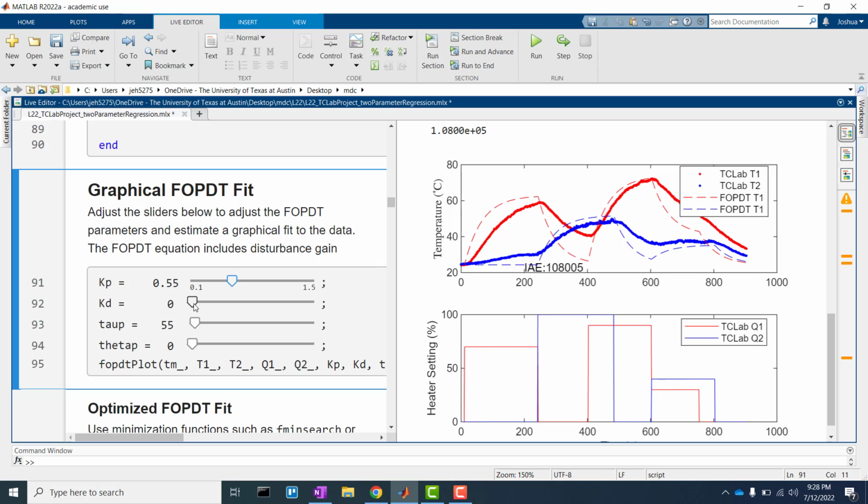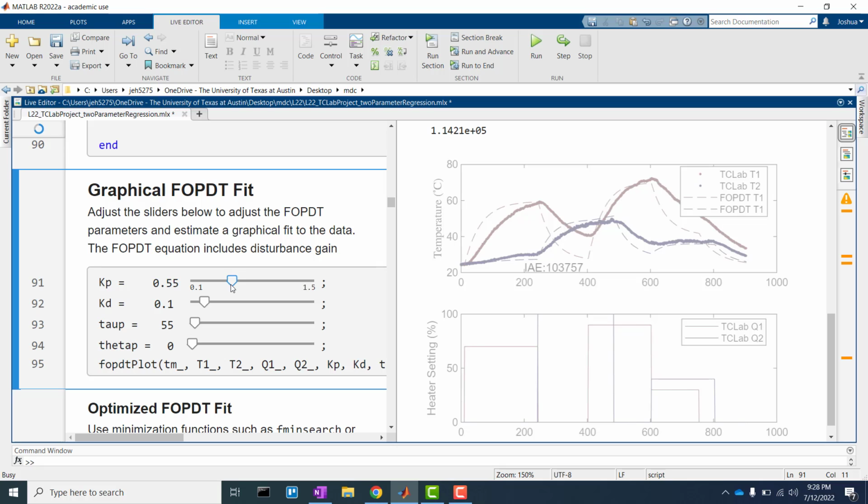Next is the change because of the disturbance. Let's set that to 2.2. You can see now, because of the disturbance, heat is going from heater 1 to heater 2. So let's turn this up to 6. Now heater 2 is a little bit high, so maybe turn this down to 0.1. And this back down to 0.55.